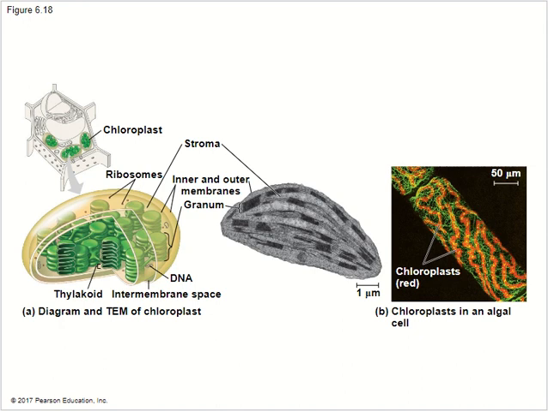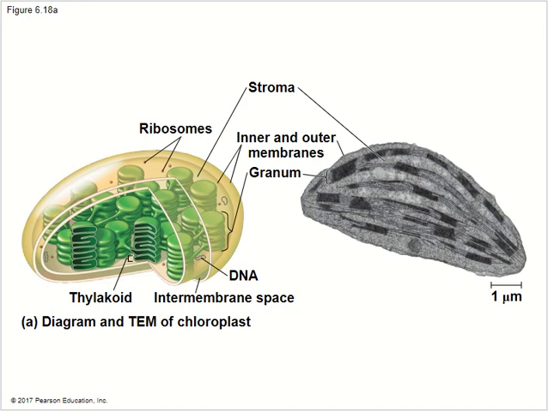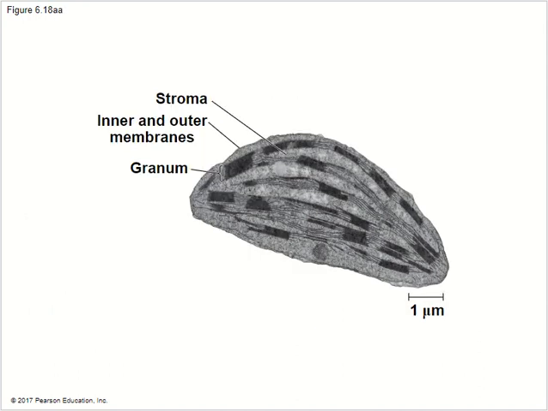They have their own set of DNA, like mitochondria. There are also stroma with inner and outer membranes, and granum.